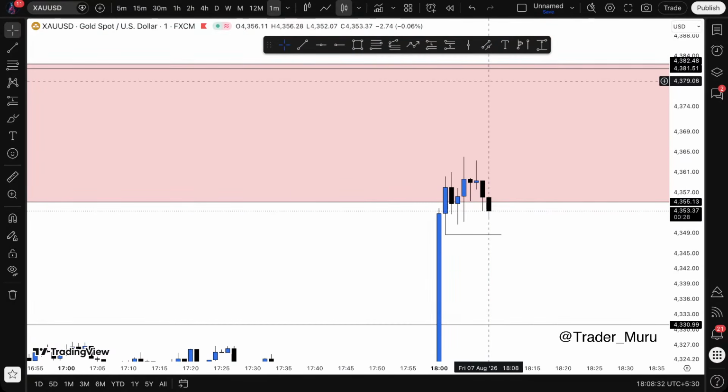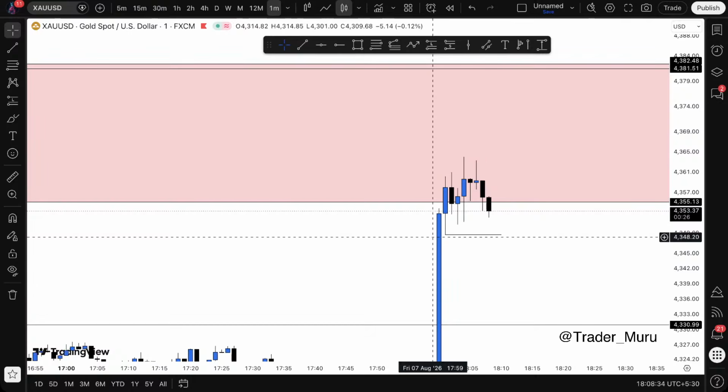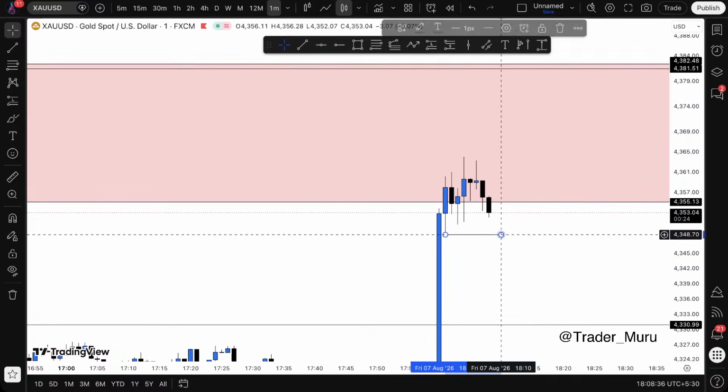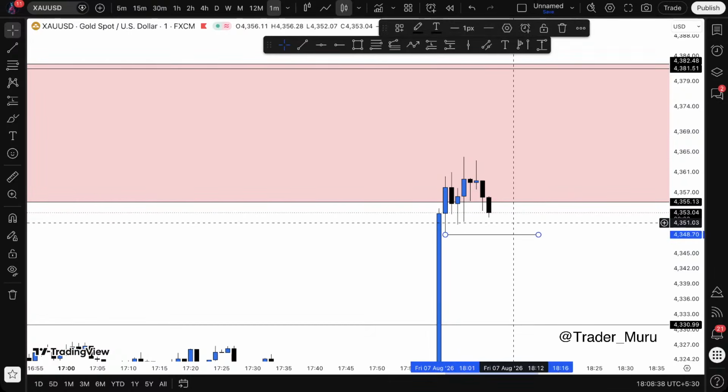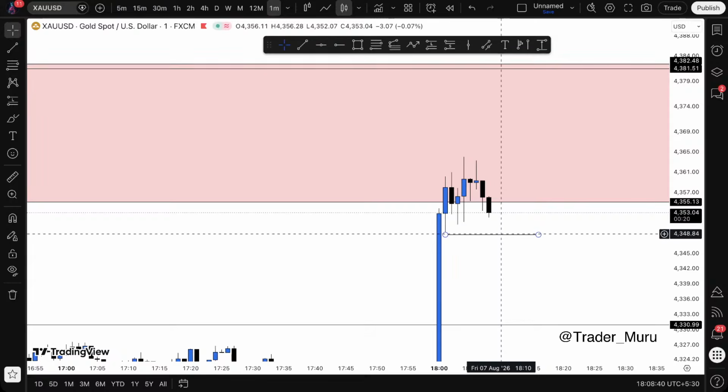Make sure to have a stop loss, brother, because even the 1-minute momentum is still bullish. It will be bearish after breaking this low. That's why I'm telling you to wait for at least the break of this low.